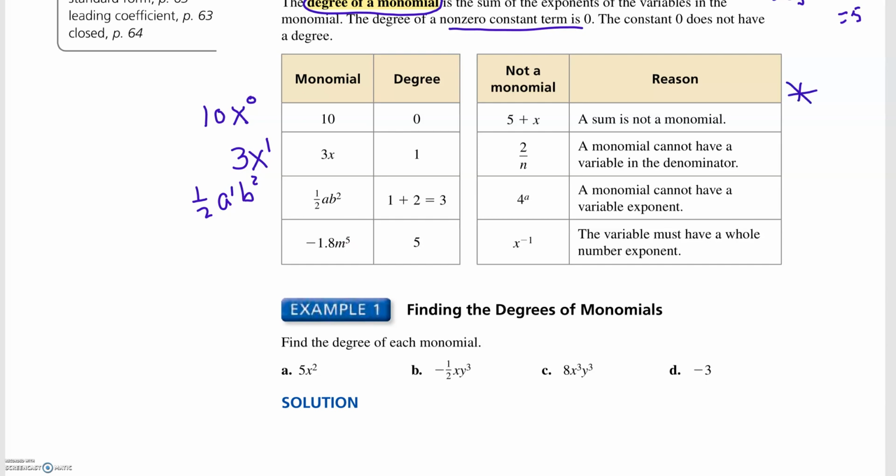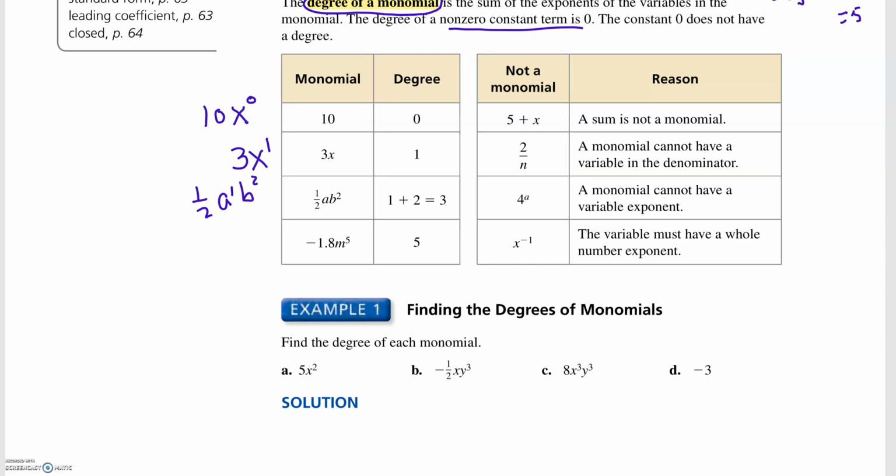So some examples of non-examples, things that are not monomials. Right here we have a sum, which means it is not a monomial. Remember, a monomial is a product of a number and a variable or variables, but not a sum. This one's not a monomial because we can't have a variable in the denominator.